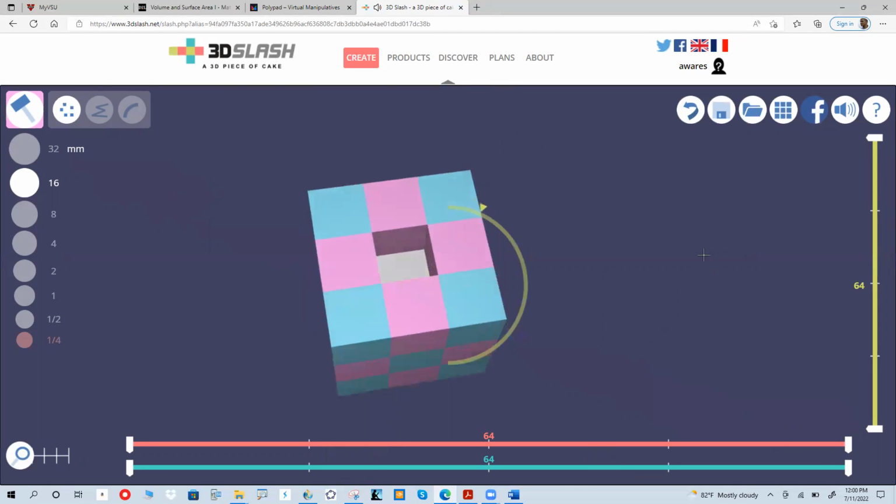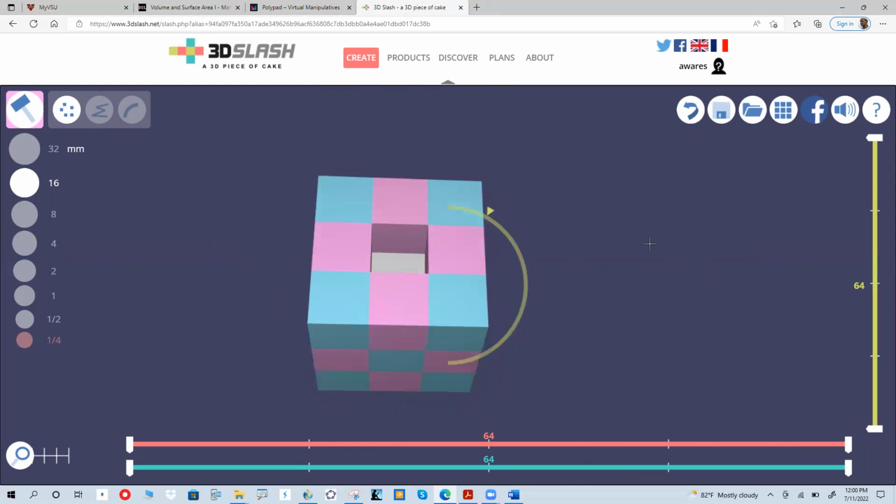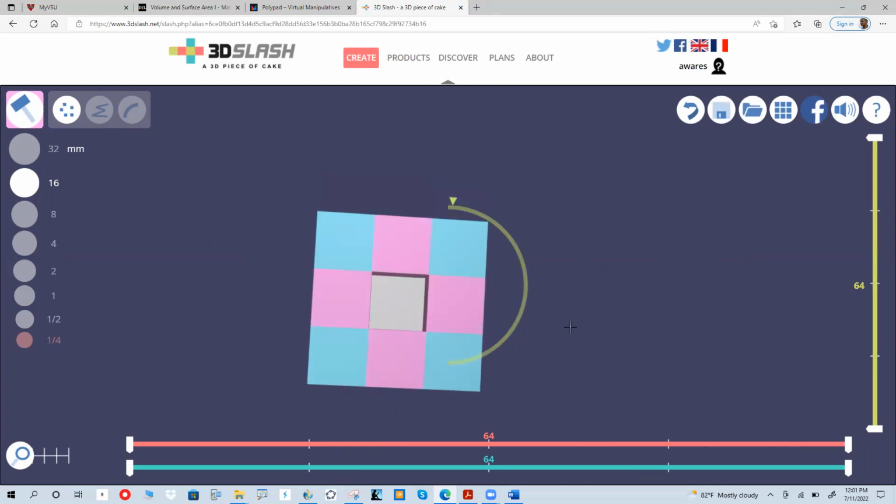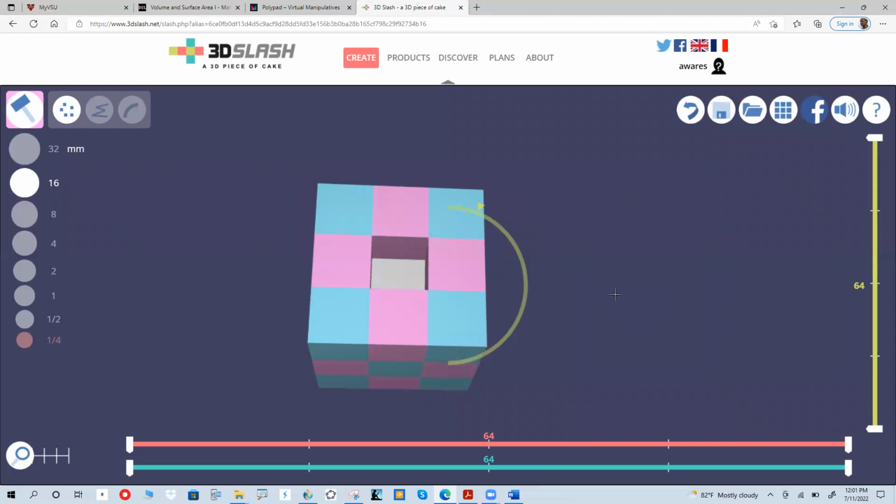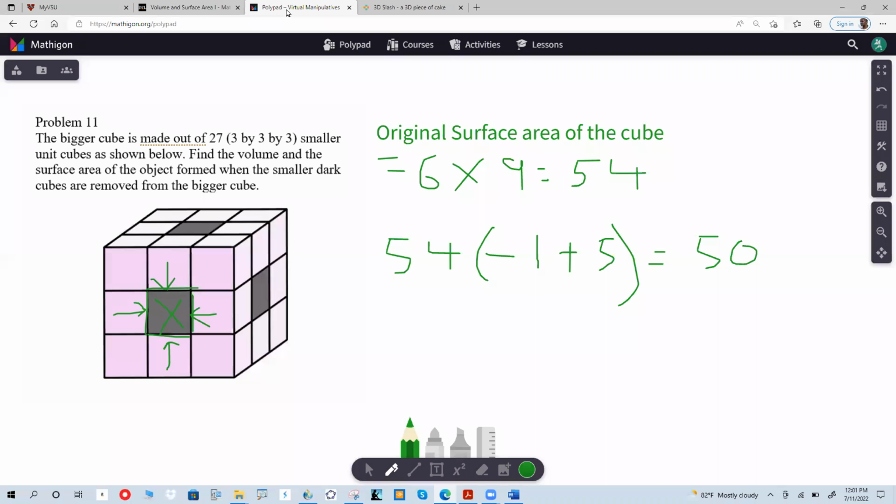Take a look what happened. I gained 4 new faces, I lost 1. This face, this face, this face, this face, and this one at the bottom. I gained 5 and lost 1. So you have to understand, each gray cube, the removal of each gray cube.